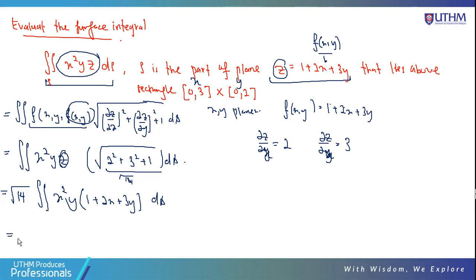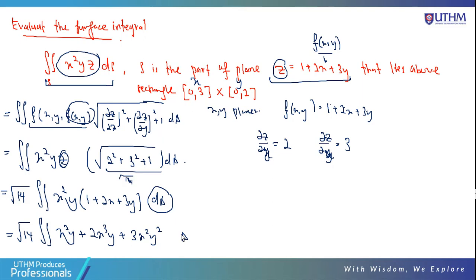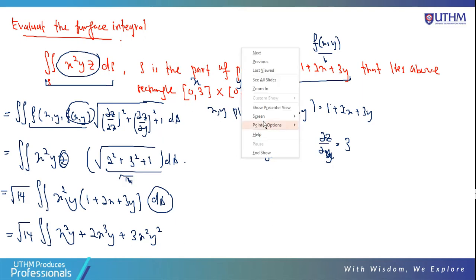Okay, so dA. You need to expand here. You get root 14 and expand: x squared y times 1 gives x squared y, plus 2x cubed y, plus 3x squared y squared. So now you determine the dA. What is the dA? dA is the projection in the xy plane. So you look here, and you need to form the xy plane.